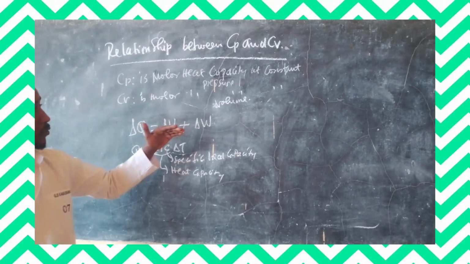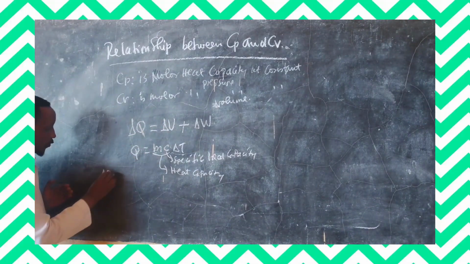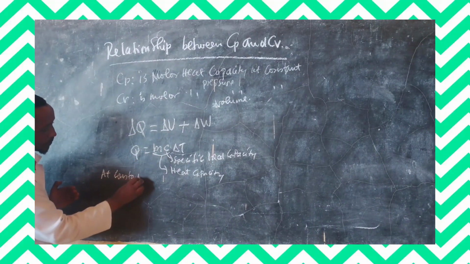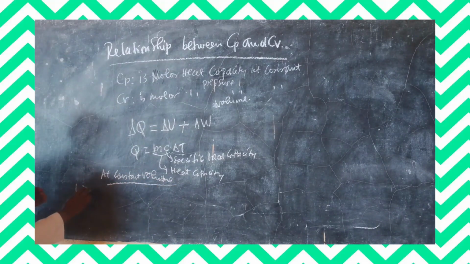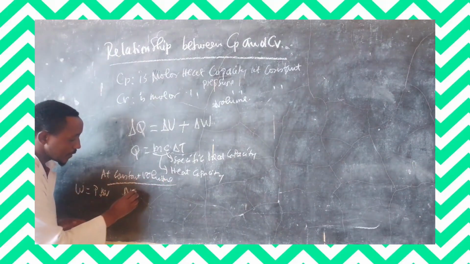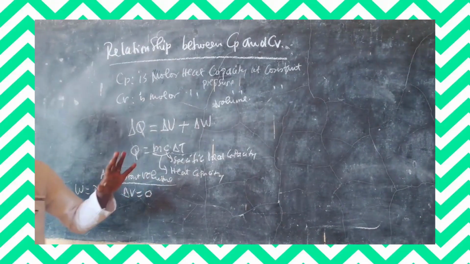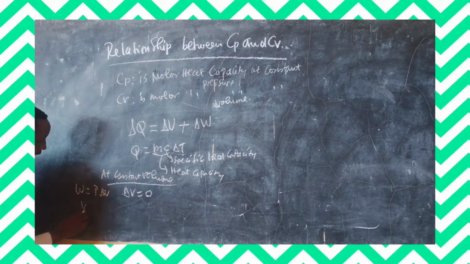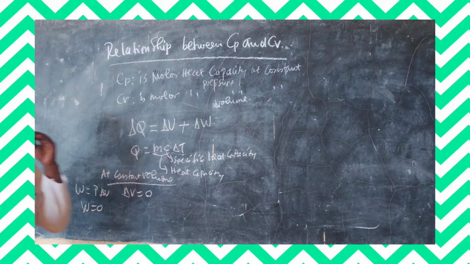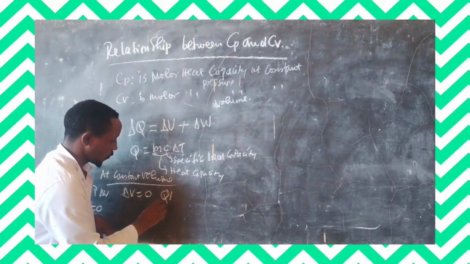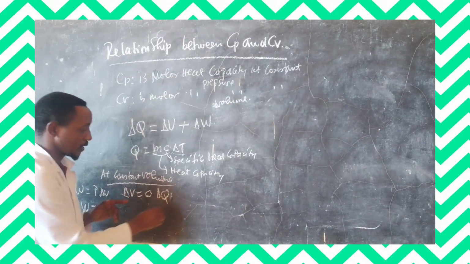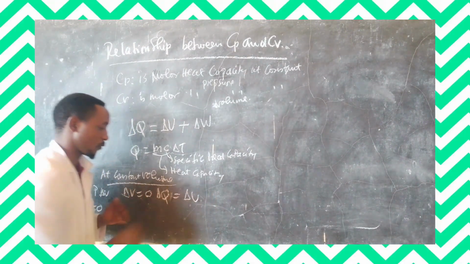At constant volume, work is equal to P dV. Because the volume is constant, dV is equal to 0 because the volume is not changed. So in that case, work is equal to 0. If the work is equal to 0, then the heat is equal to the change of internal energy.